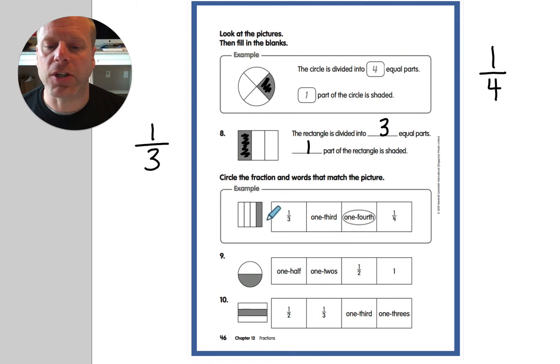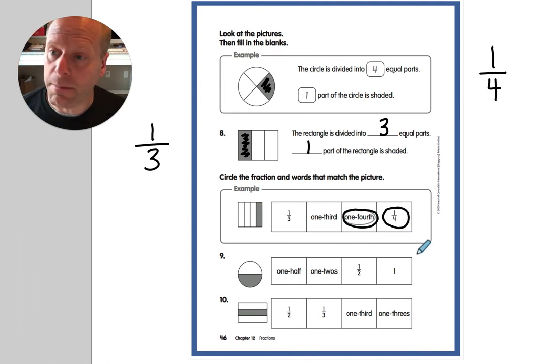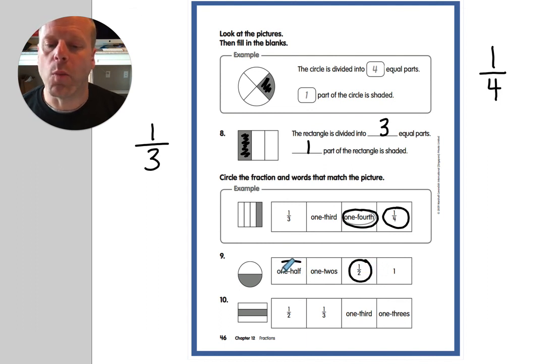The fraction matches the word, and it even matches the number, right? So this one would be 1/2. So I'm going to look for 1/2 the number, 1/2 the word. And they're trying to fool us here. Halves? Yeah, I don't know about that.